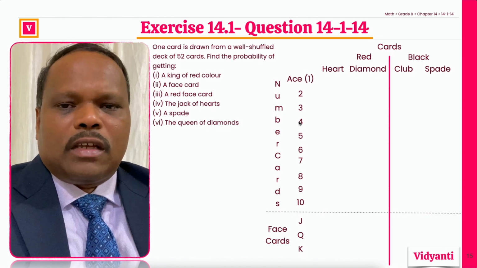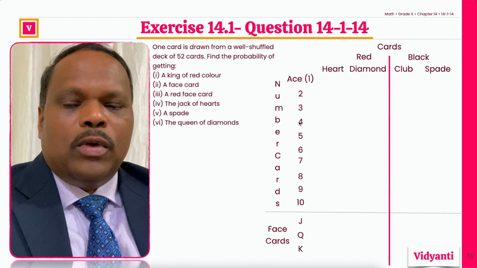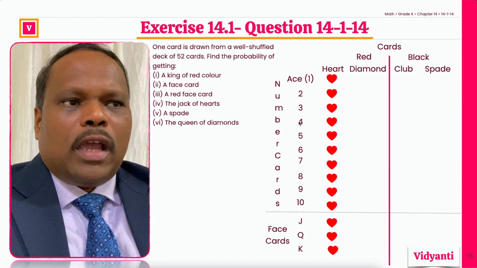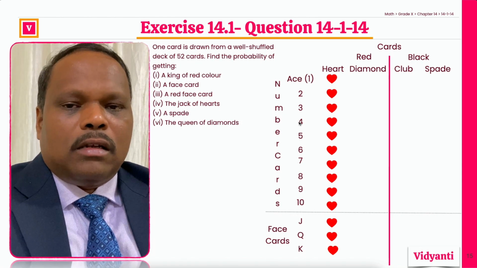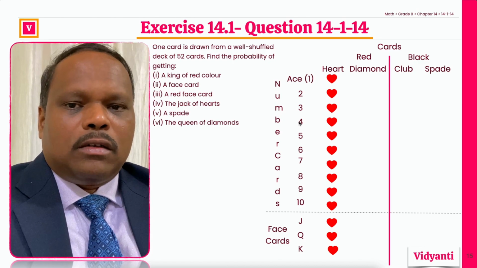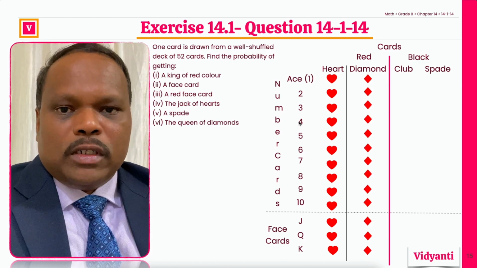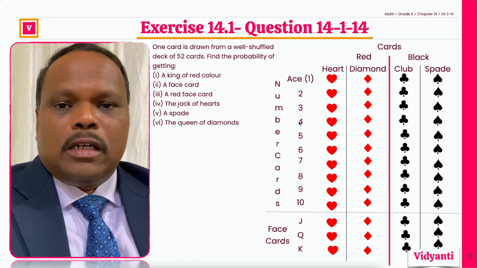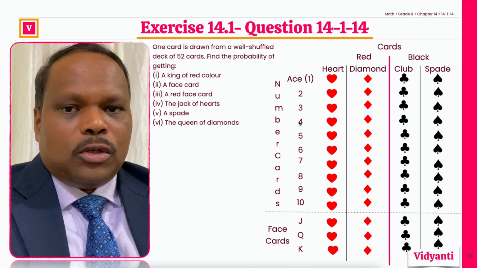These are called face cards simply because the faces of the jack, king, and queen are imprinted on them. So we have 13 hearts: 10 number hearts and 3 face hearts. Similarly, you have 13 diamonds, 13 clubs, and 13 spades. Altogether 13 times 4 is 52, the total number of cards you are going to have.